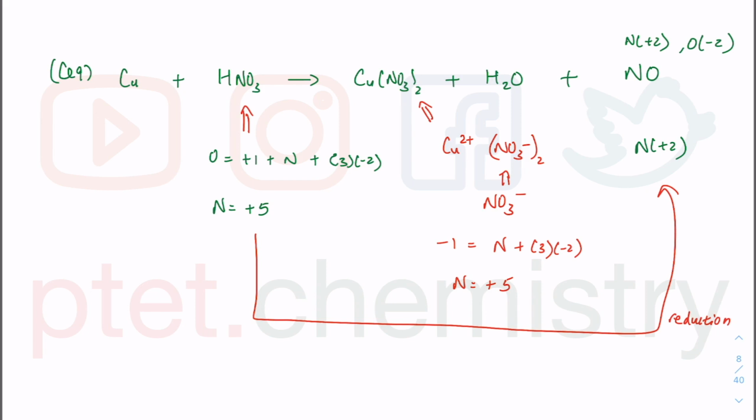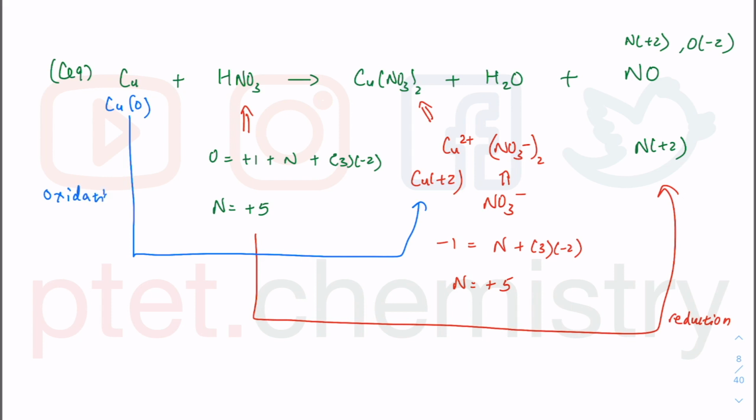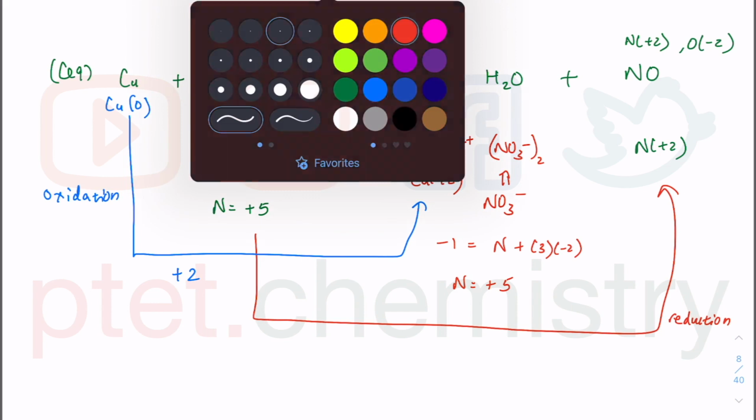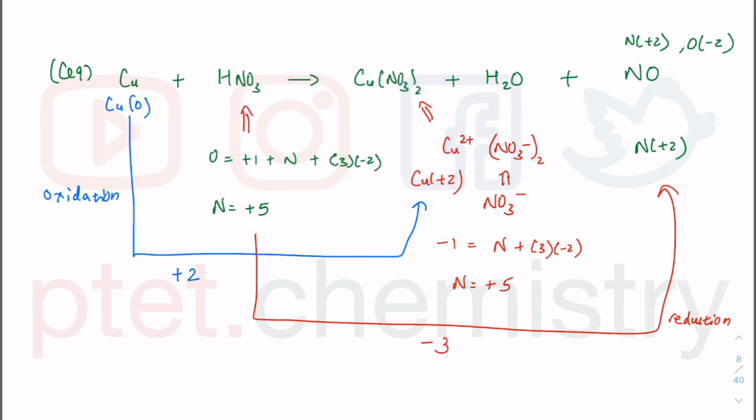And what else? There's copper plus 2 there. And if I just use a different color, this thing is getting less and less responsive. Anyway, so there's copper 0 as an element. So there is oxidation of copper, so there is a plus 2 oxidation number, and the other one is minus 3 oxidation number from plus 5 to plus 2.